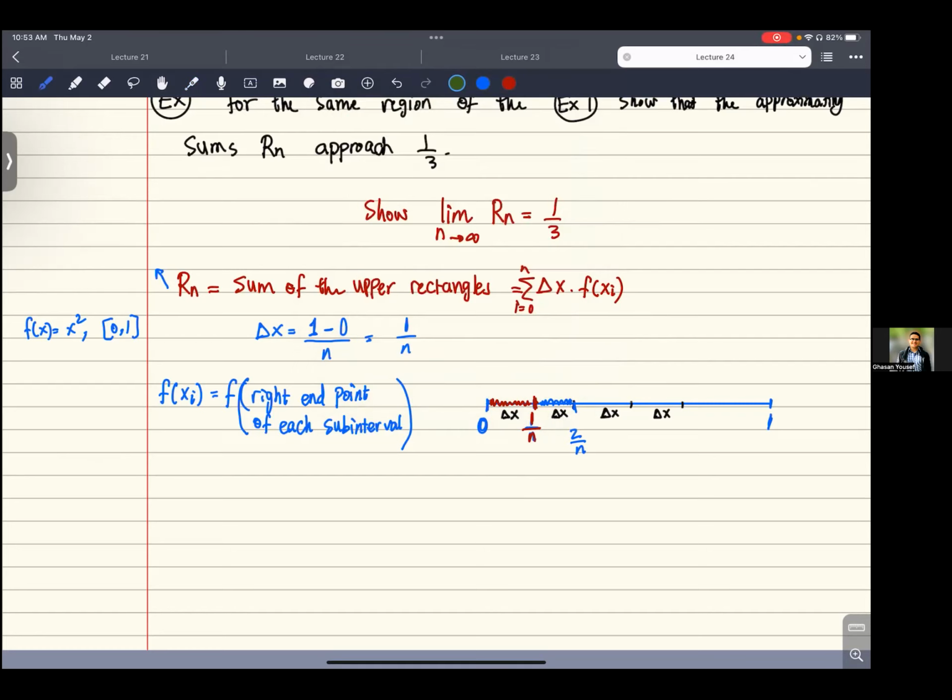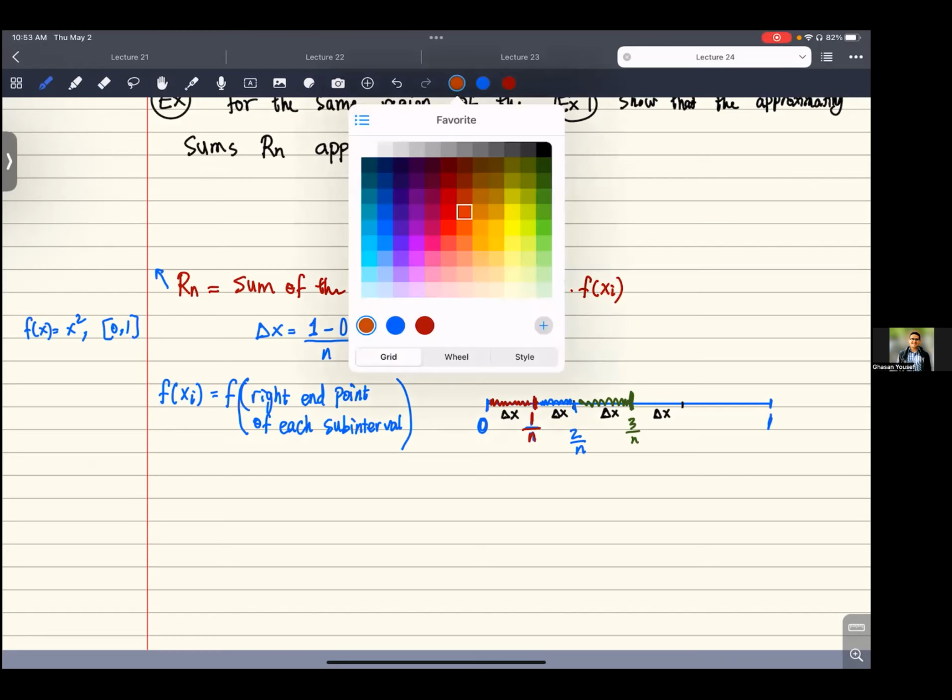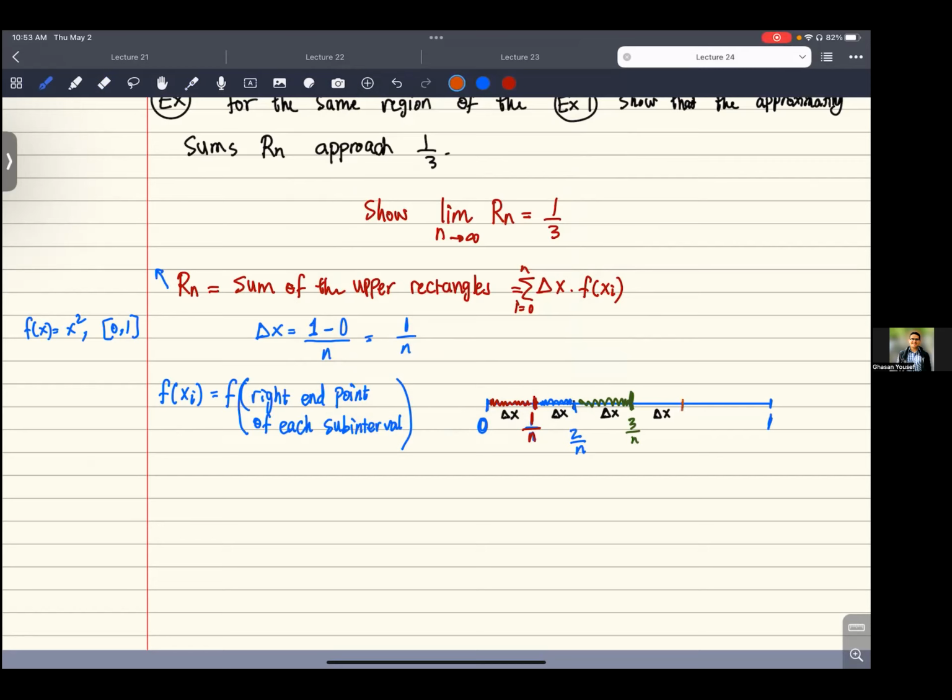Okay, the third one, what is this point? 3 over n, correct, 3 over n. And if I keep moving, this new point is the same as what? 4 over n.